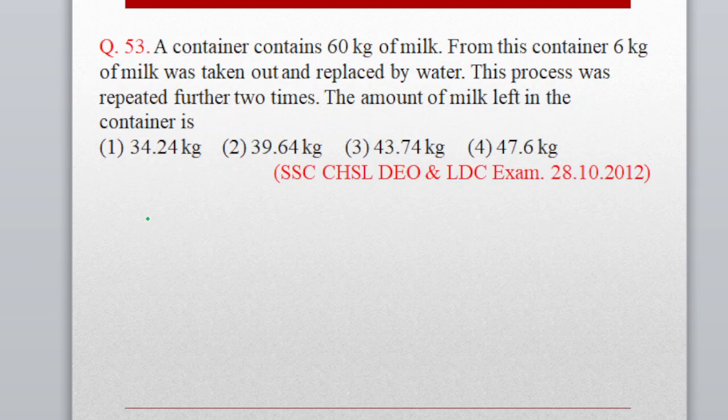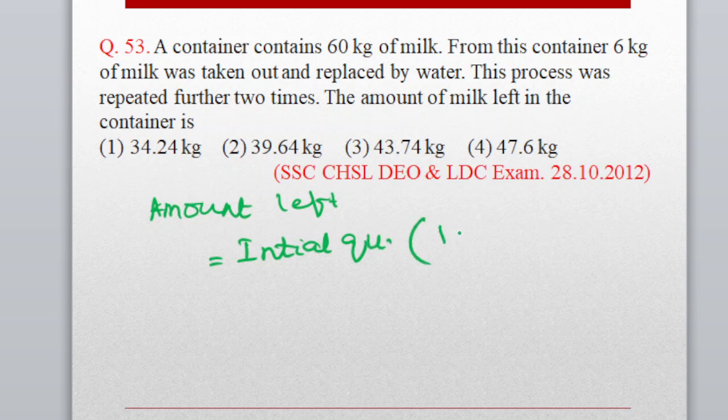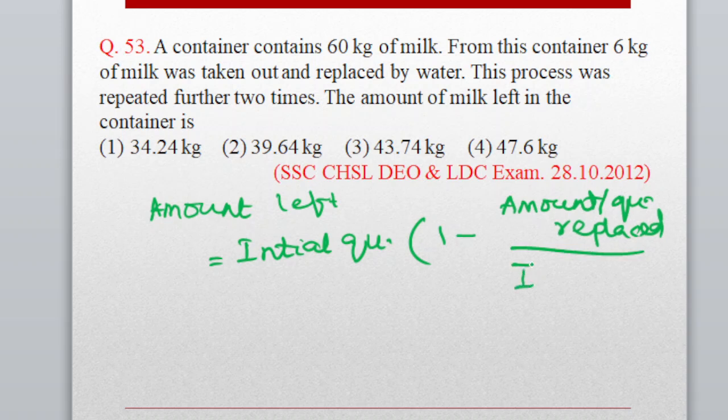Now for this we have a formula: amount left is equal to initial quantity into (1 minus quantity replaced divided by initial quantity) to the power n. Here n is 3.